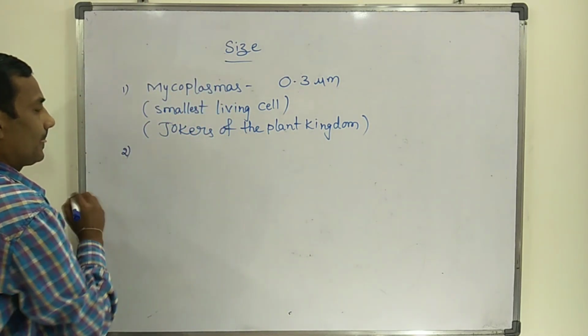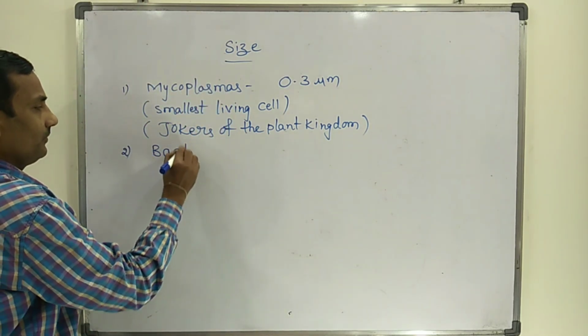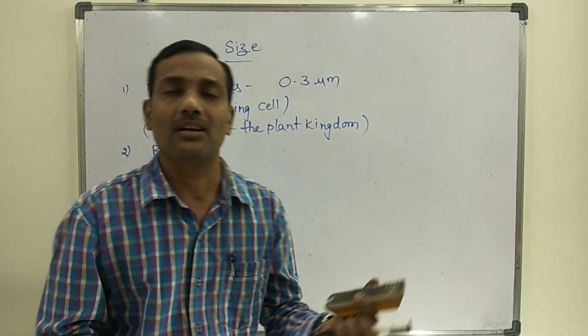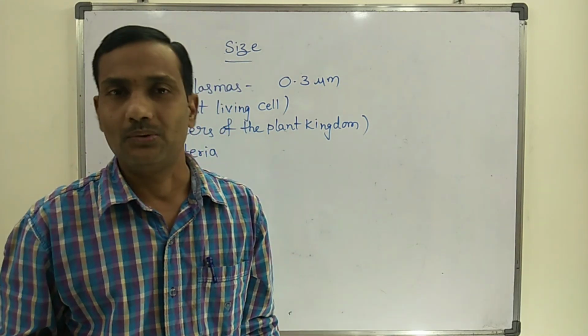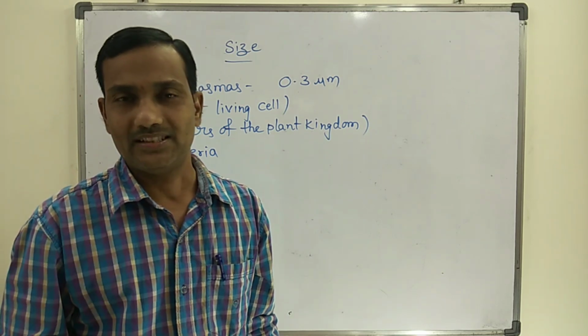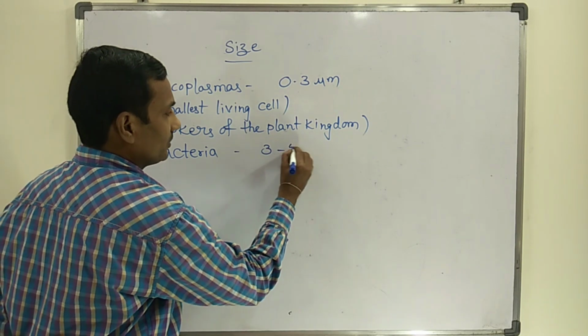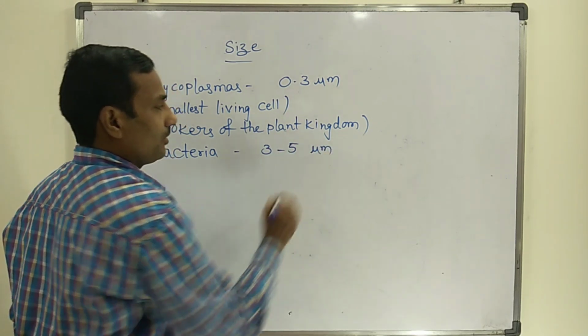Second, bacterial cells. There are various different types of bacterial cells that we observe in our surroundings, which may be useful bacteria or harmful bacteria. Size is approximately 3 to 5 microns.